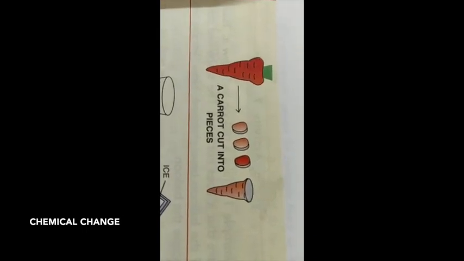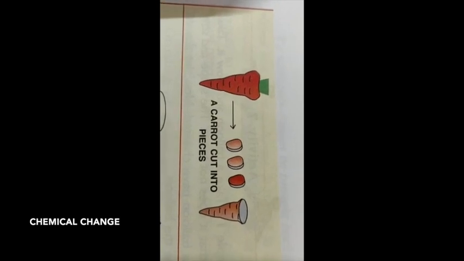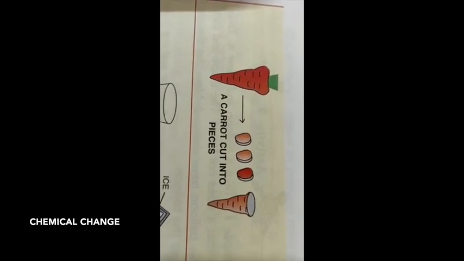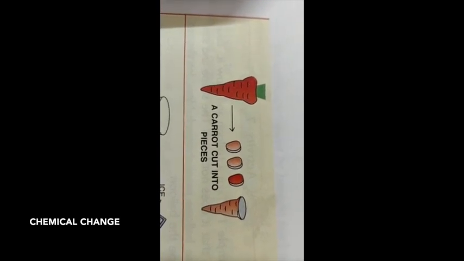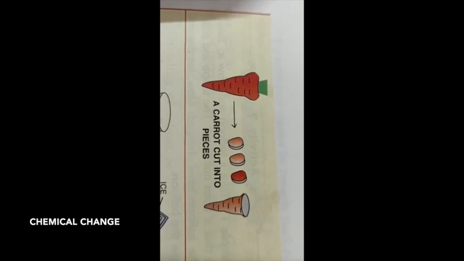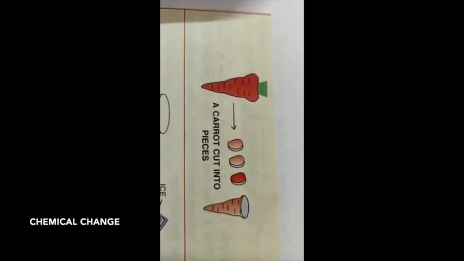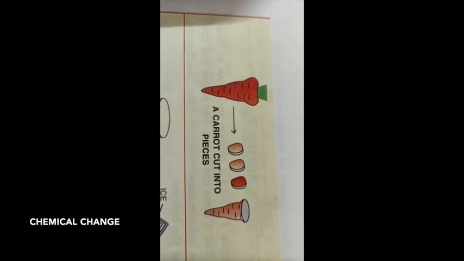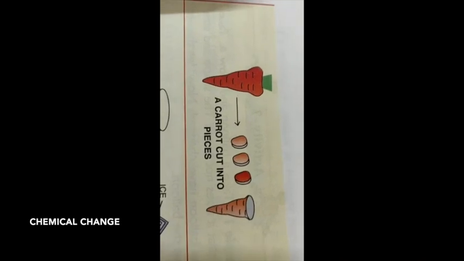It's not about carrot only. It can be any fruit, like apple. It can be any other vegetable like ladyfinger. When you cut it into pieces, you look at this: no new substance is formed. The taste of the carrot is the same after cutting as it was before, but the shape and size is changed.